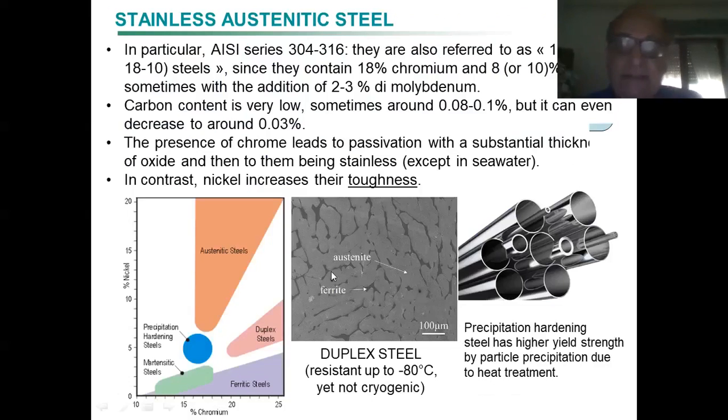Having discussed all this, it's easy to understand that for austenitic steels there is not much difference, apart from the fact that we introduce nickel as an actor, and nickel in amounts which are not very low, unlike in ferritic, where nickel is more of an accident than a real actor.